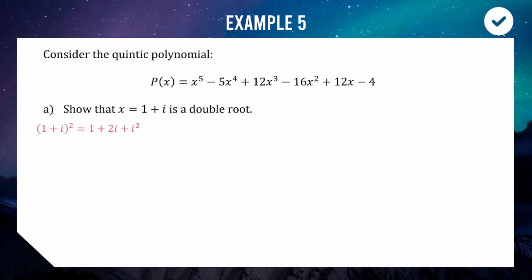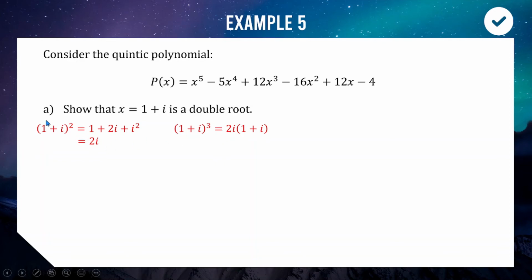So starting off, let's get our pieces because we're gonna have to do a lot of subbing in here of high powers. So start off with 1 plus i squared. That gets us 1 plus 2i plus i squared, which simplifies to just 2i. Now, if we want to find 1 plus i cubed, we can just do 1 plus i times 1 plus i squared, which we just figured out is 2i.